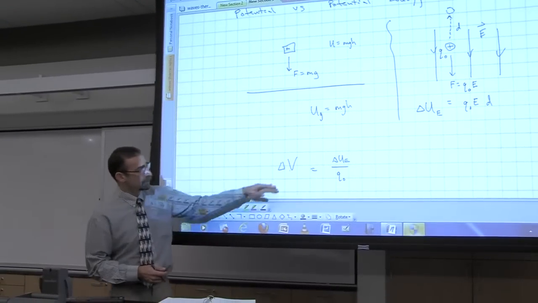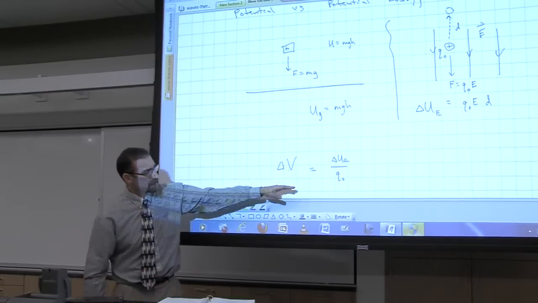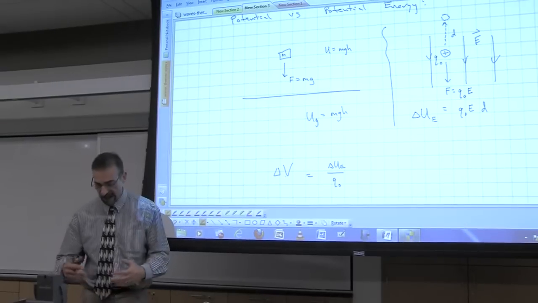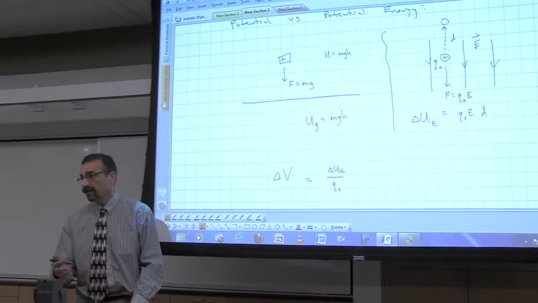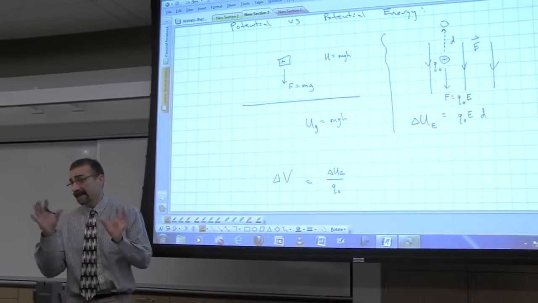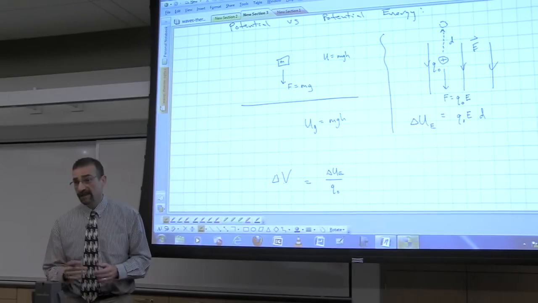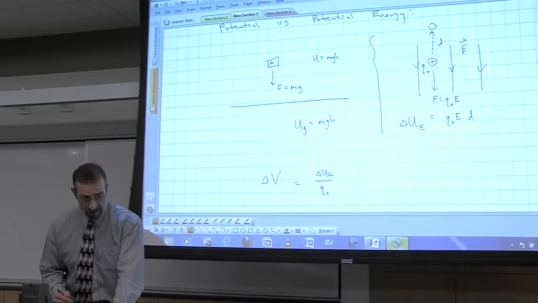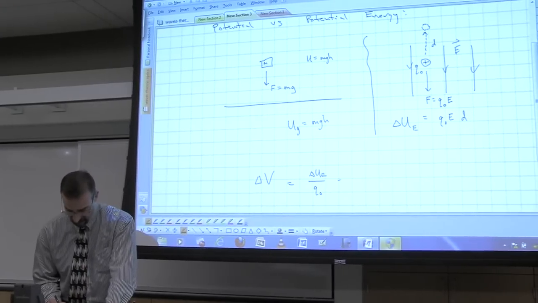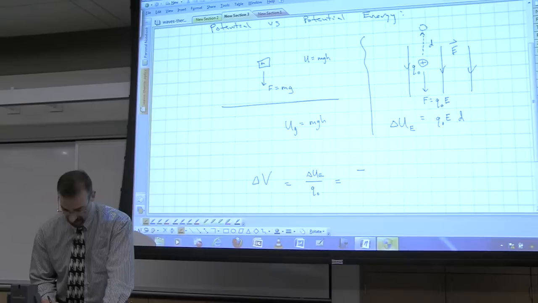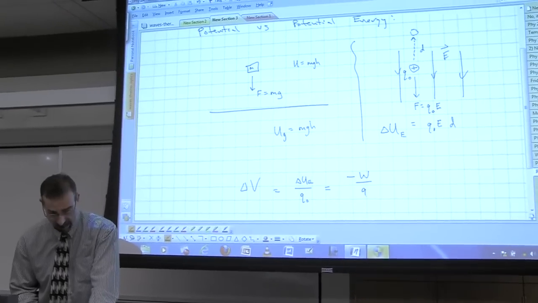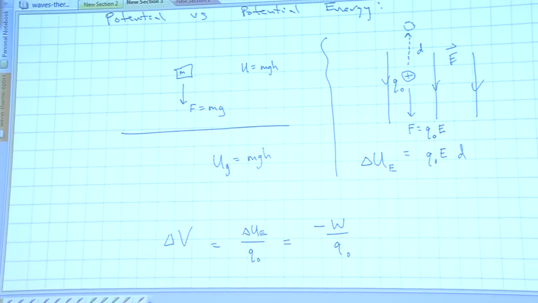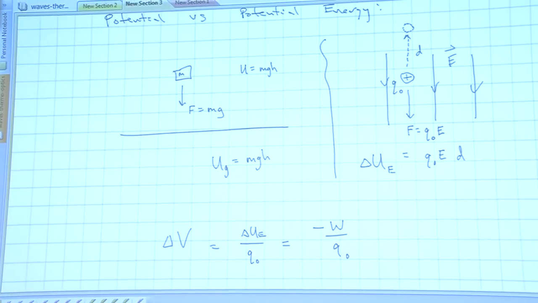So the change in potential is just the change in potential energy divided by Q. We've divided out the effect of the charge that we're moving, and it only depends on what's creating the electric field. Okay, and this is equal to work done over the charge, because work equals negative delta U. So we get that.